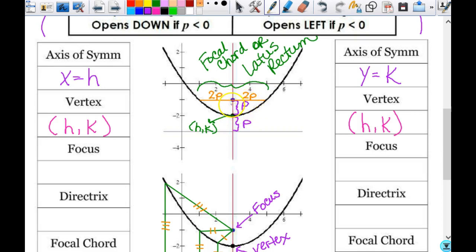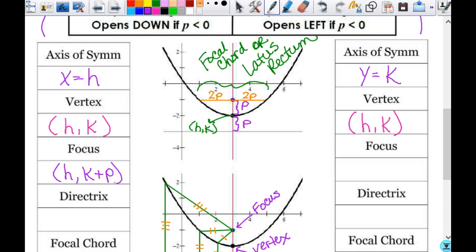So the ordered pair for the focus, x value is the same, but the y value, which was k, now has to be added to p to get my new value. That's why p is important to us. So if you understand how it works, it's not a matter of which one am I adding it to, am I adding or subtracting? Understand why you're doing it, and you won't get yourself as mixed up, okay?